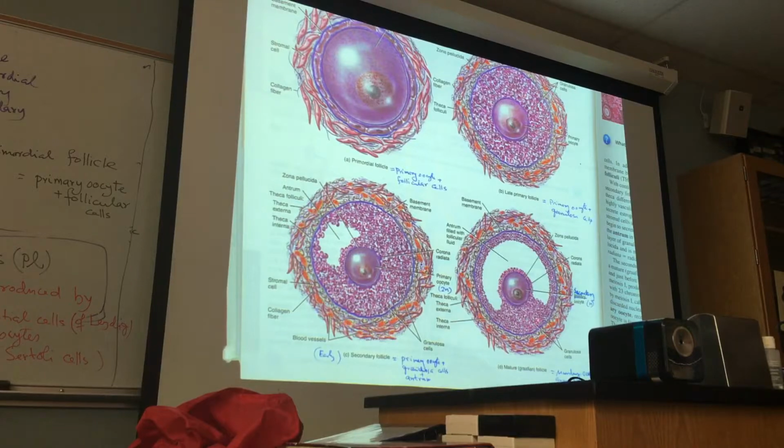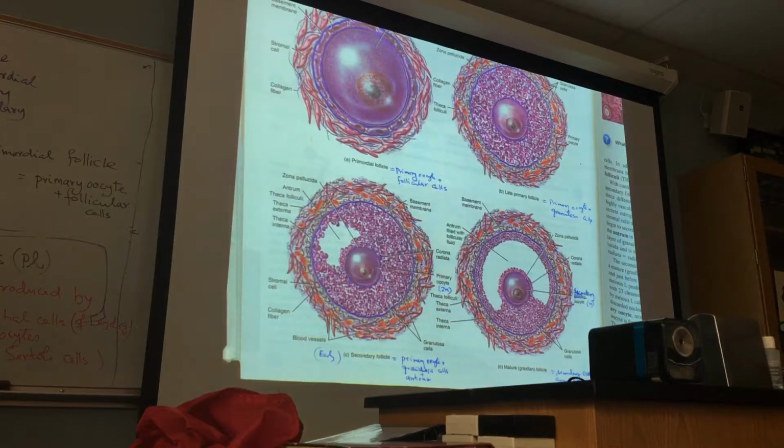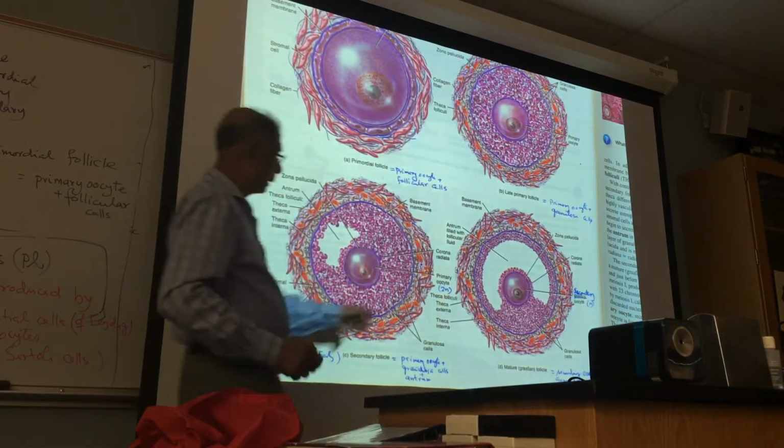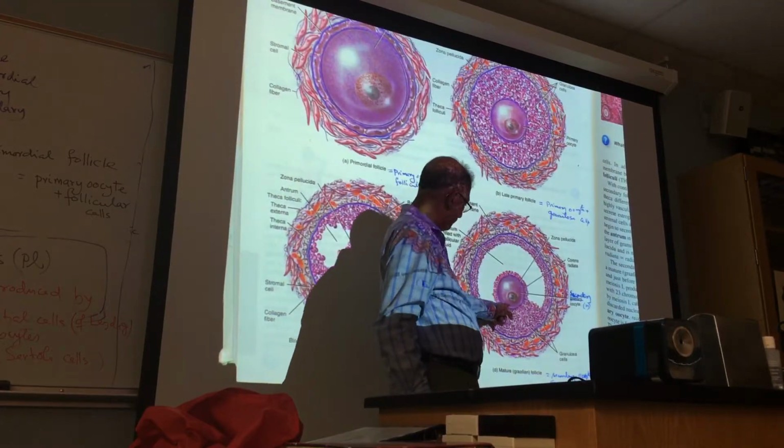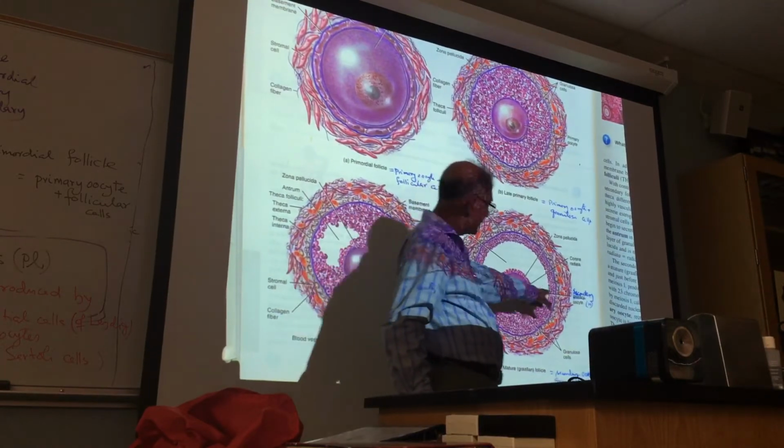Of course, these cells become smaller in size. They secrete estrogens. And you can see that a few layers of cells surround this female gamete. This female gamete now is secondary oocyte.